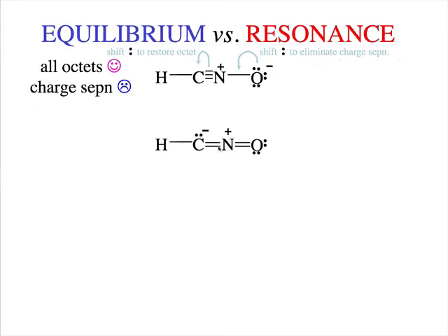So nitrogen still has its octet, but it does still have a positive charge. But carbon, instead of having 4 bonds, as in the first structure, now has 3 bonds and a lone pair. So we still have all of our octets in this new structure. That's a good thing. By rearranging these bonds, we still maintain all of our octets.